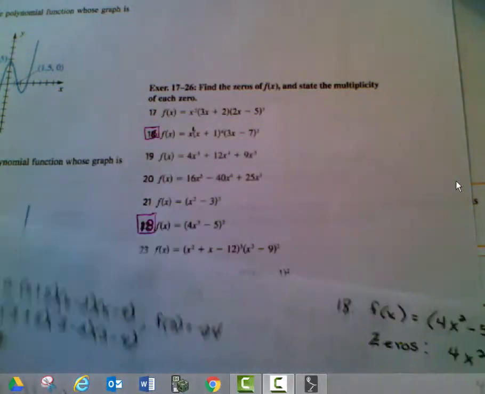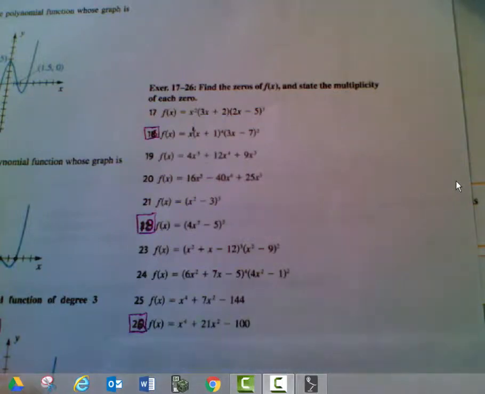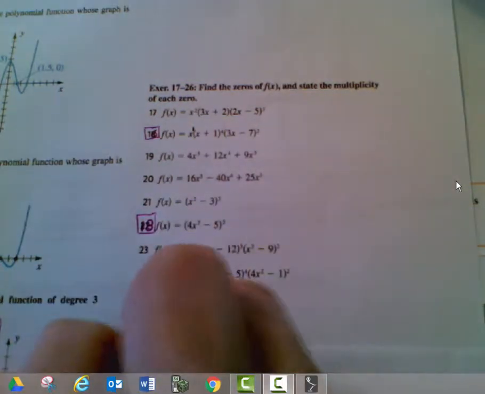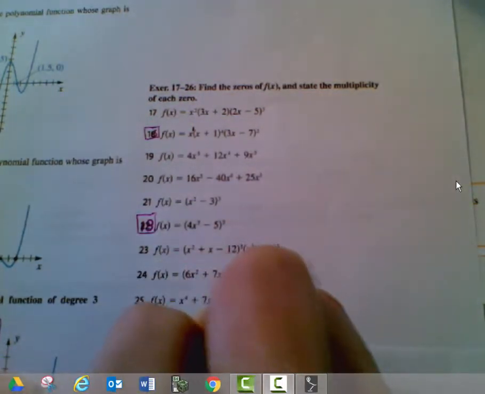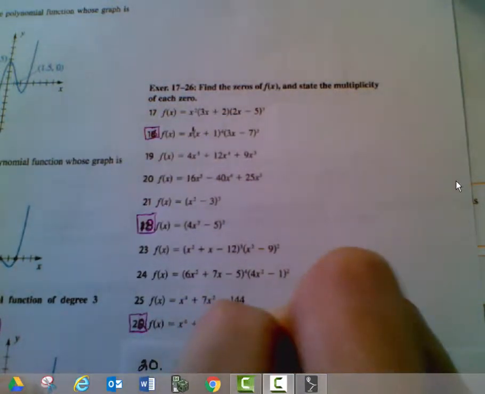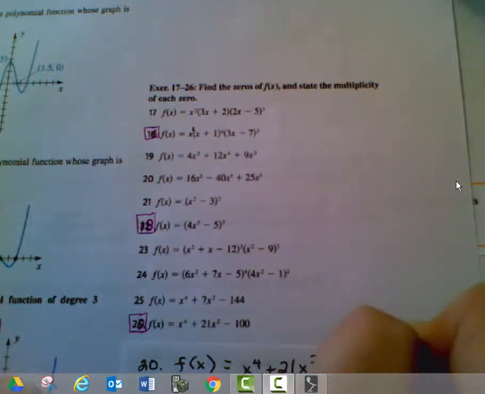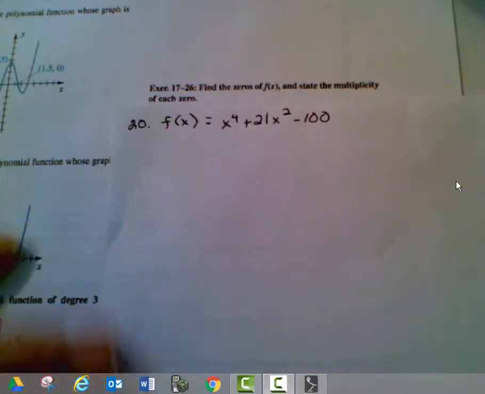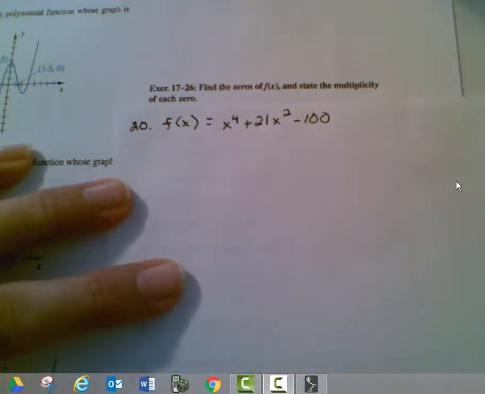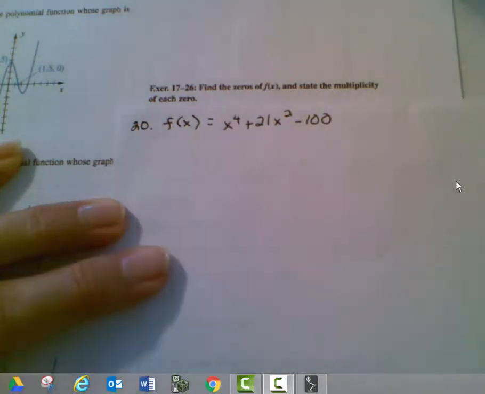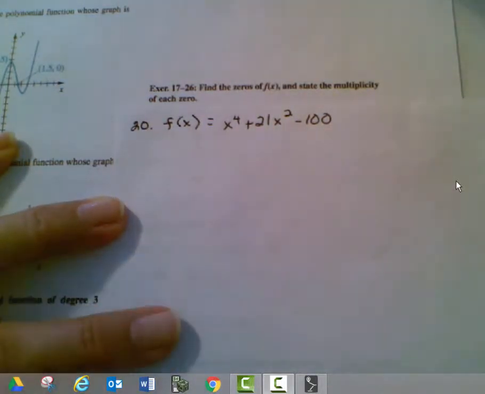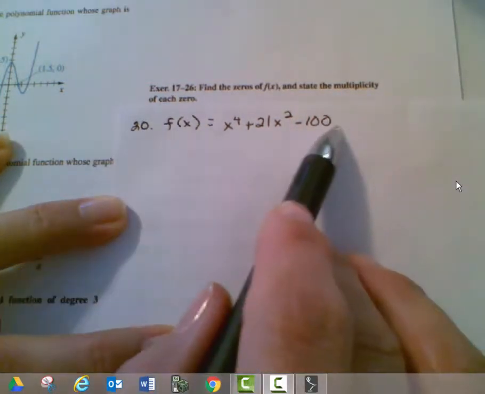One more of these. Number 20. Again, we're just looking for the zeros and the multiplicity of each zero. And I think this will factor.